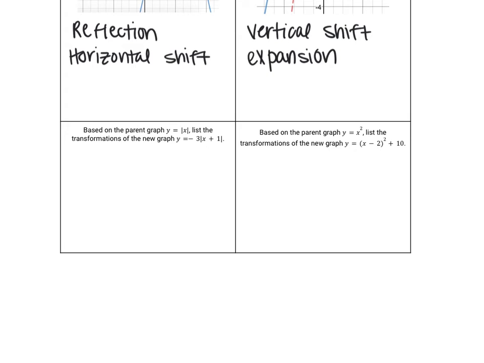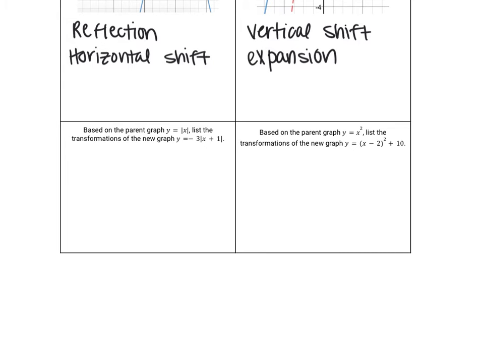So next we are given an equation called the parent graph, and we want to list the transformations of the new graph. So we have y equals the absolute value of x as our parent graph, and our transformed graph is y equals -3 absolute value x plus 1. And you can use Desmos to help you identify the transformations if you can't do it solely based off the equation.